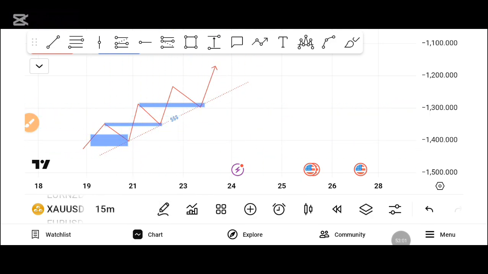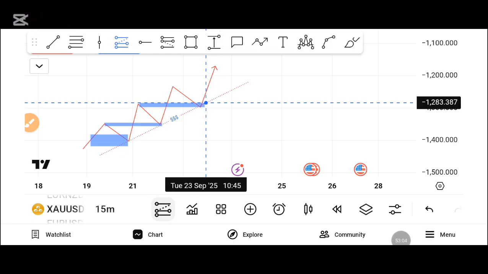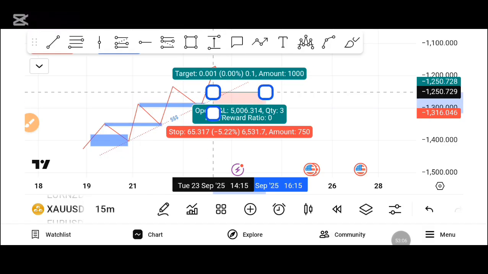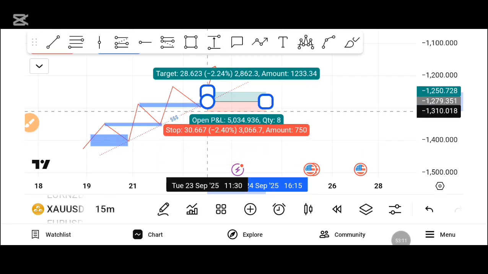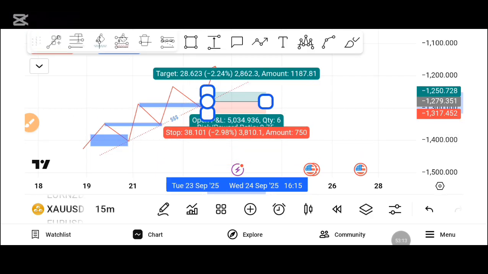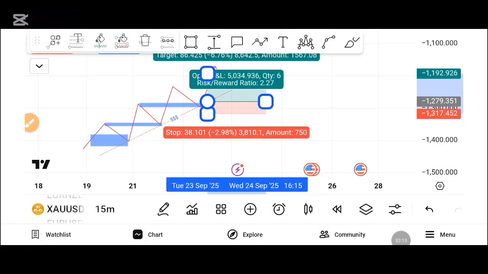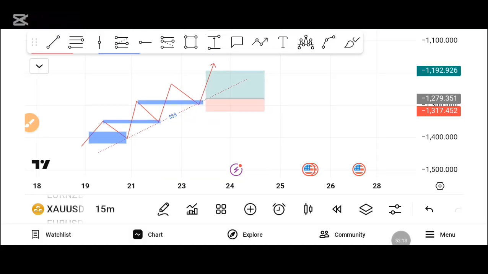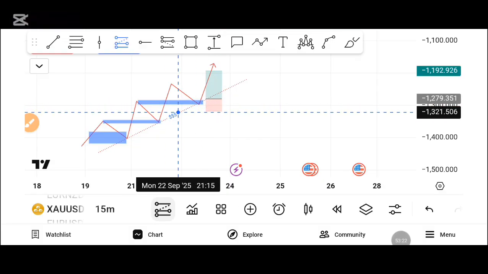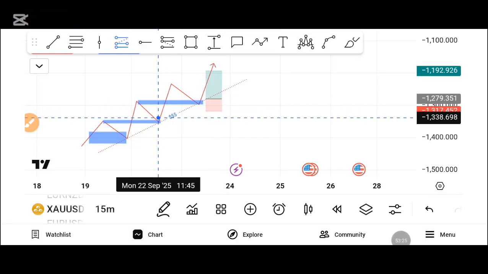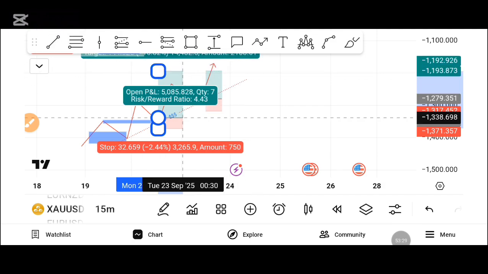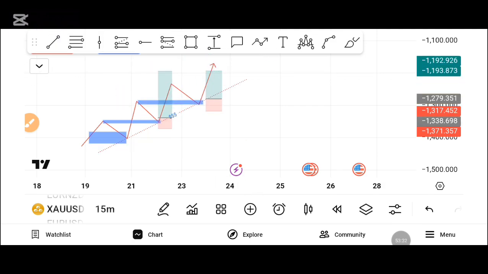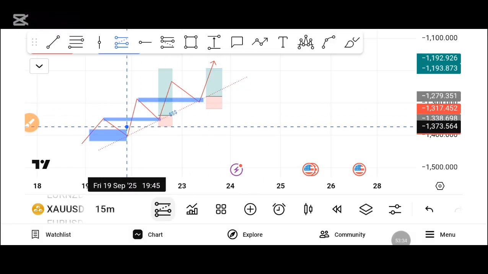Imagine you took your trade here, you entered your trade here, placed your stop loss here and your TP here. You took another trade here, and you took another trade here again.